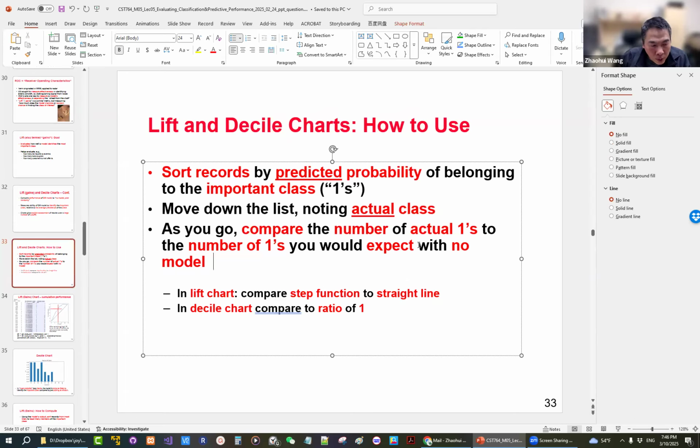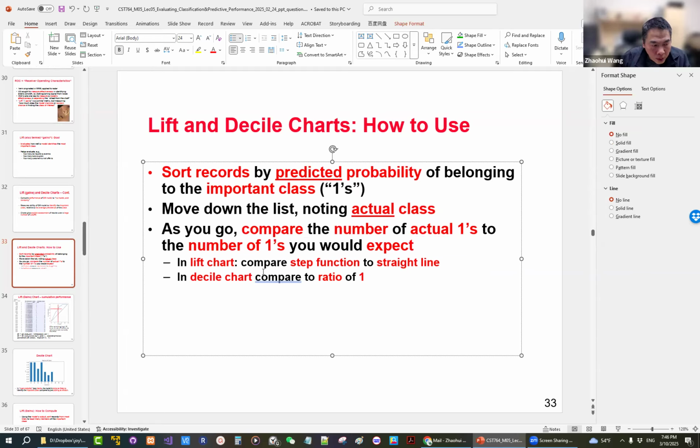And so it's a confusion matrix with no model. Just compare the number of actual ones and the estimated ones, the predicted ones.